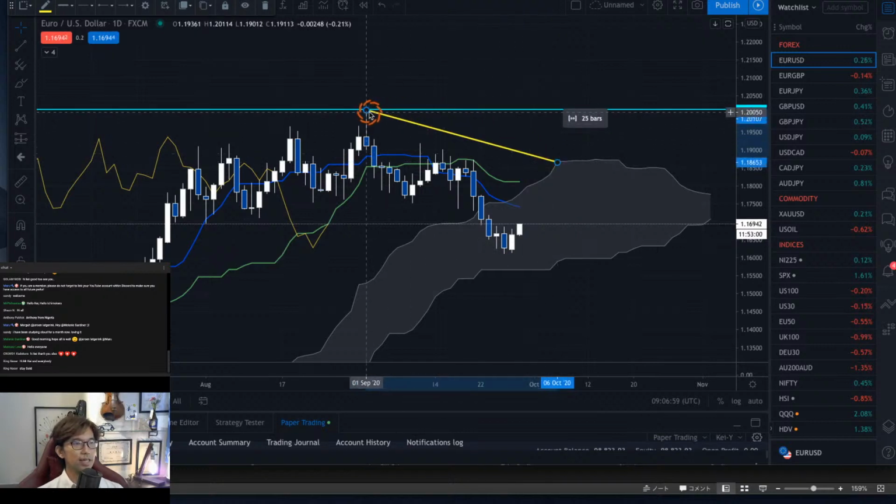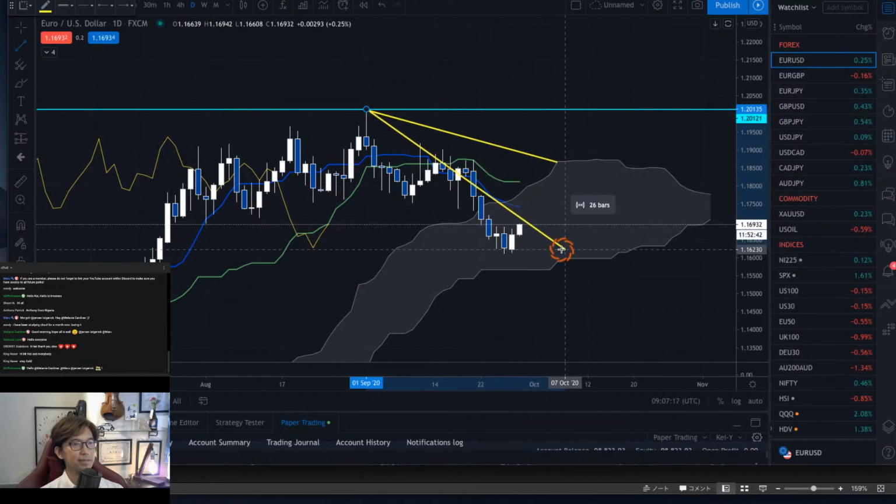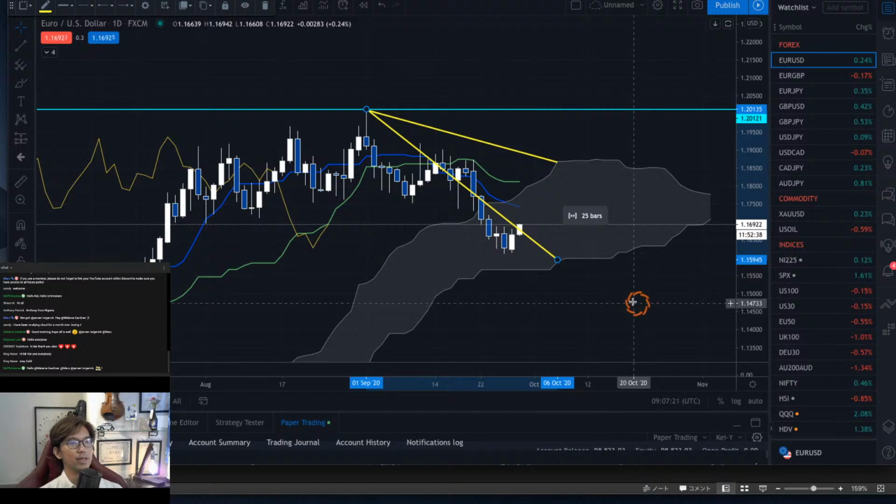So you take this recent high, the highest high, and you draw the first line from this top to Senkou Span A. This is one of the forecast lines. And another one, you draw also to Senkou Span B when the Kumo was forming at that time.